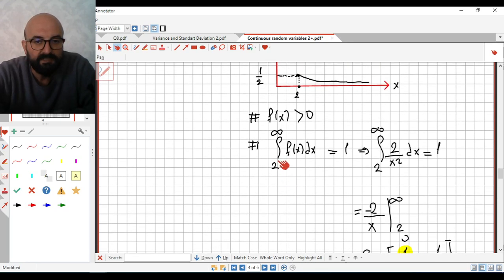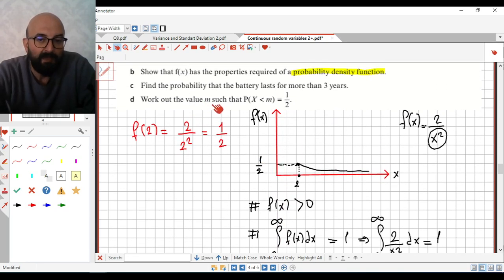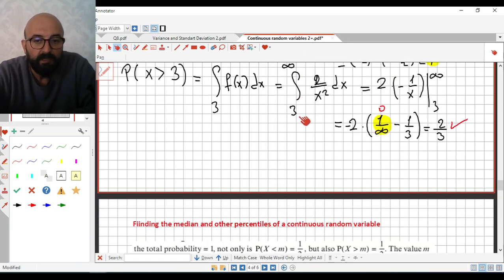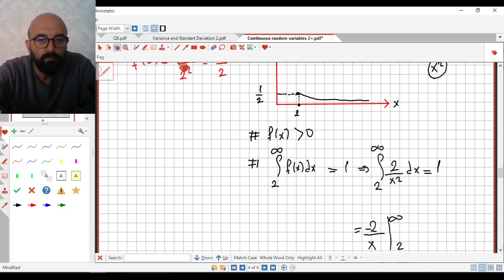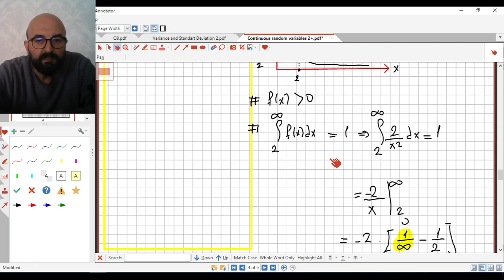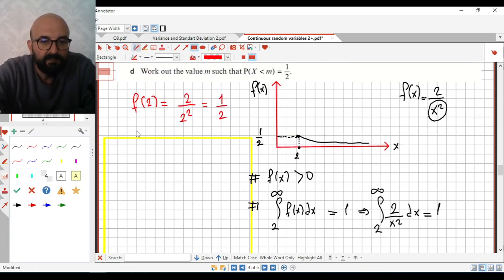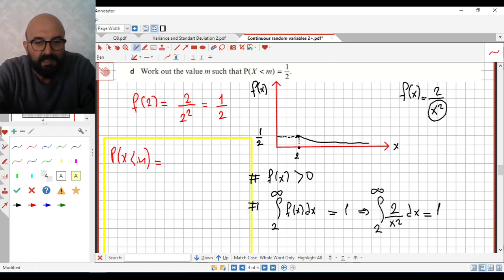And the other section: work out the value m such that the probability of x less than m equals 1 over 2. Okay, now I want to solve this section here. The probability of x less than m means, by the way, m should be here, so this area should be 1 over 2.